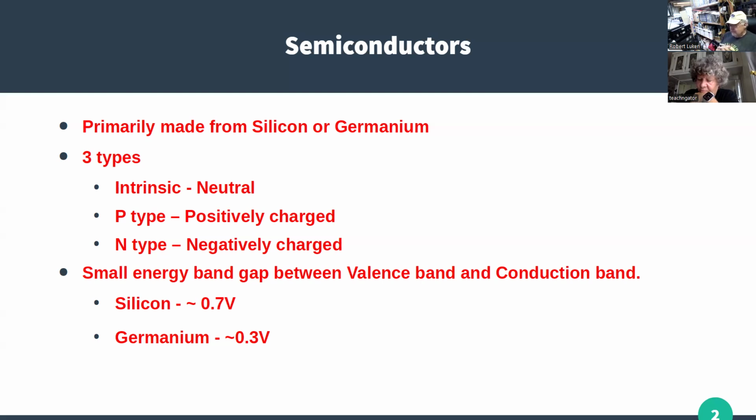The thing to remember is if it's a silicon device, it has a band gap or threshold voltage of 0.7 volts. If it's germanium, it's 0.3 volts. Now these are approximations, right? Because you'll see on a graph, it's on what we call the knee. So that's approximately where the curve starts curving.